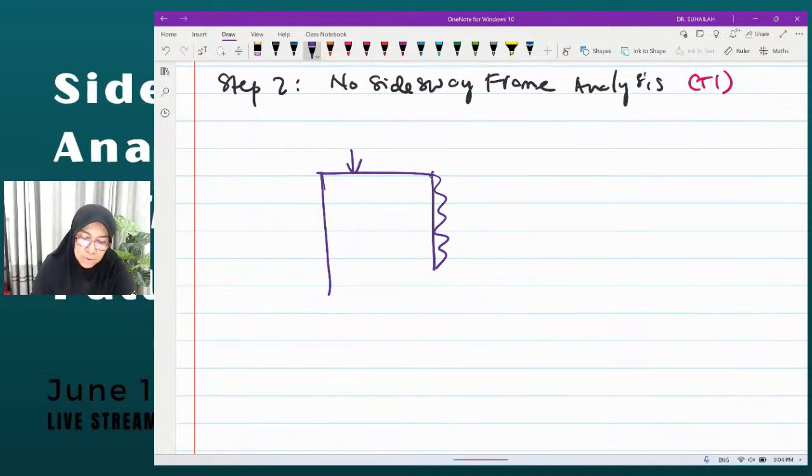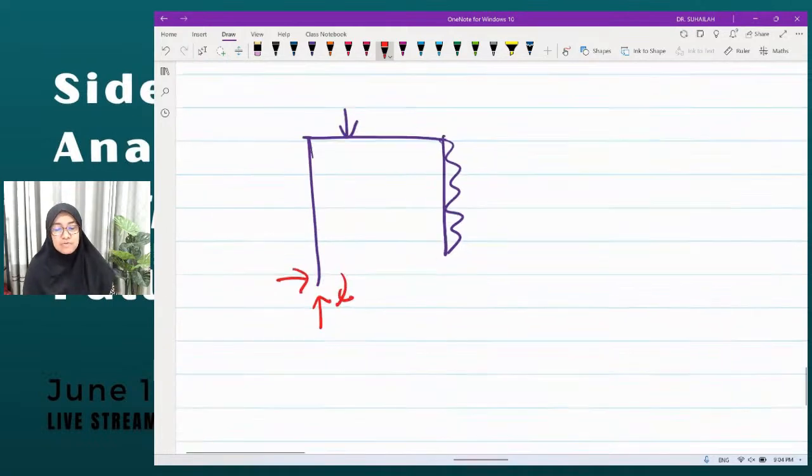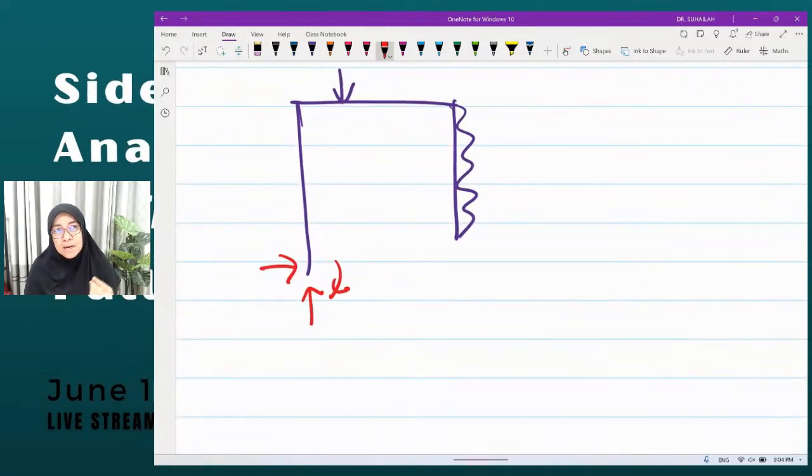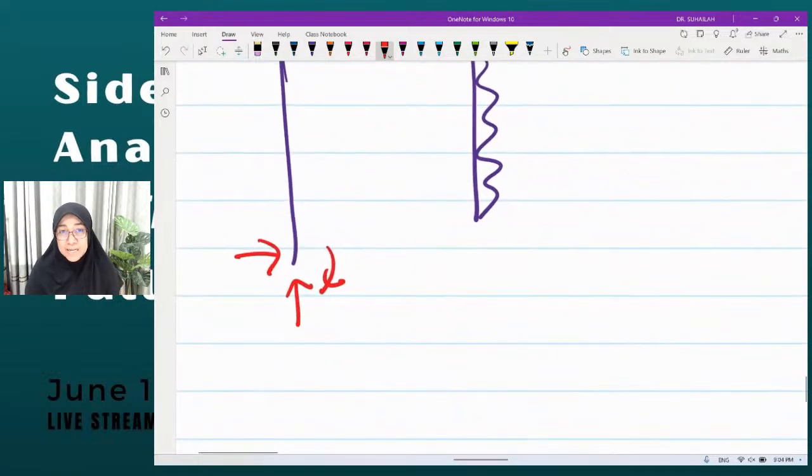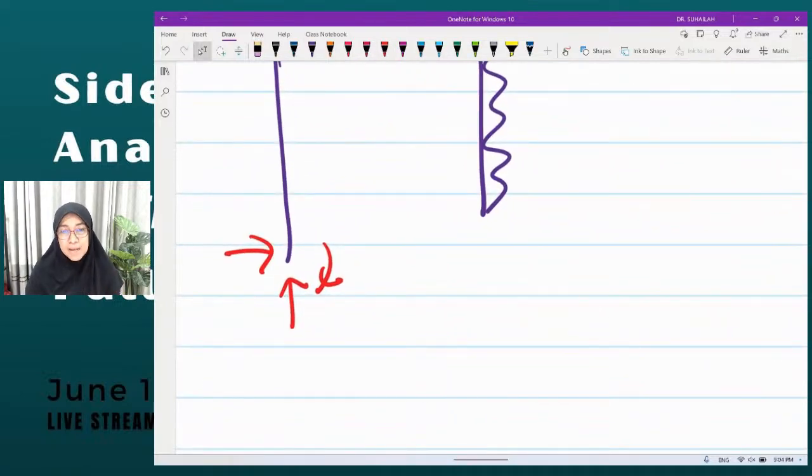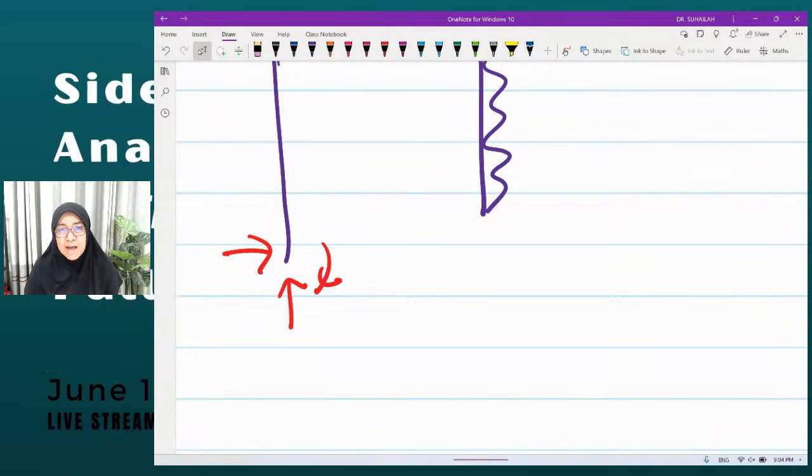Fixed at A means we have to draw the reaction: the free body diagram at a fixed support has 3 unknown reactions. We have one pin support at D, represented by DX and DY.